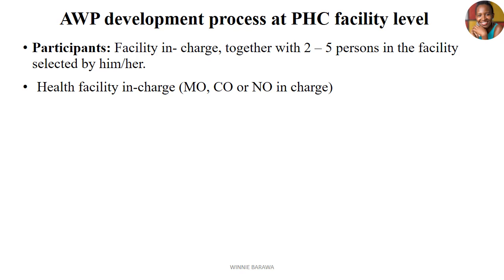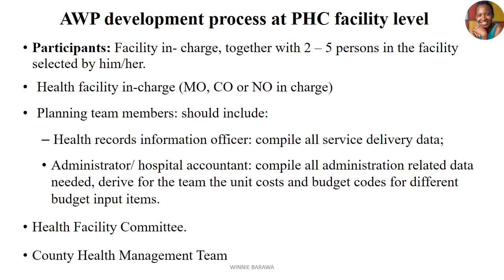You can have a facility in charge who will later select 2 to 5 people to join him or her in the team. The team is made of the facility in charge, who can be a medical officer, a clinician, or a nurse officer, depending on the facility level. And then the planning team should choose any other person to join this team.